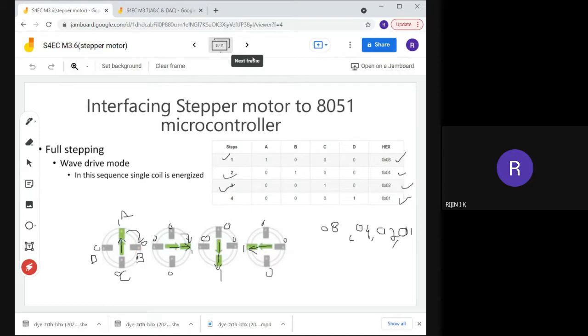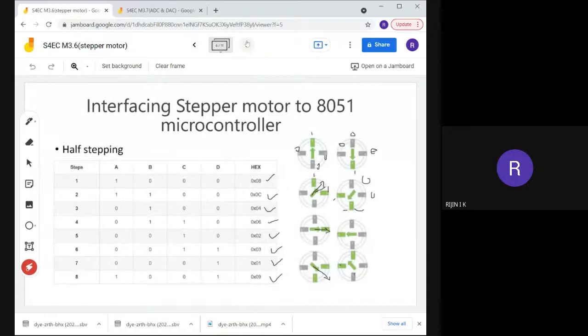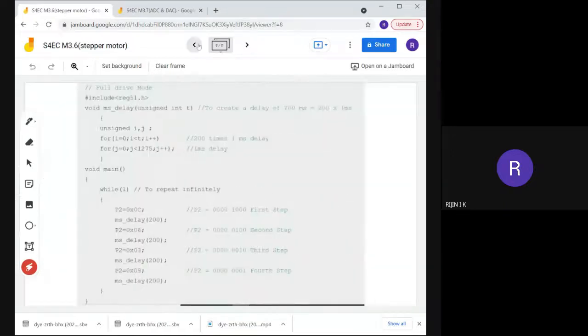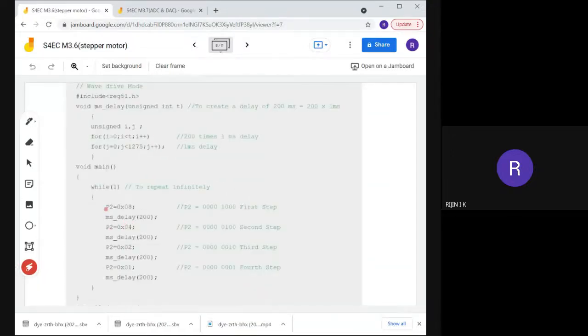For wave drive mode we need to give these values as input to the stepper motor, where all the pins are P2. So first we need to give 08.